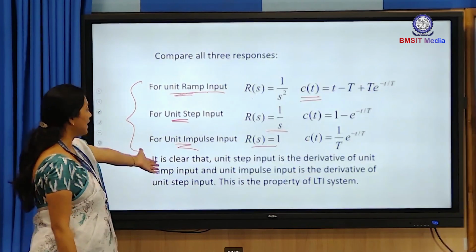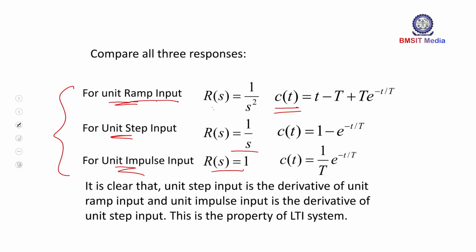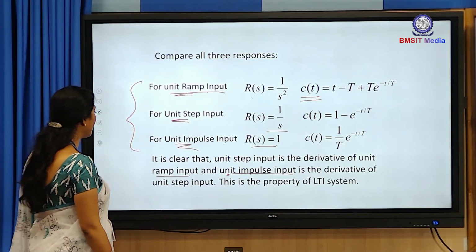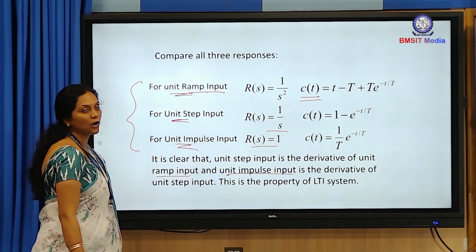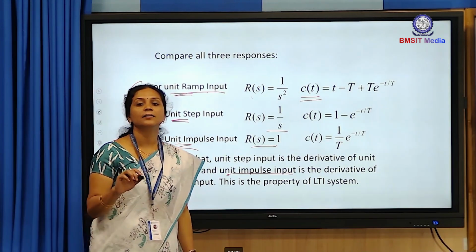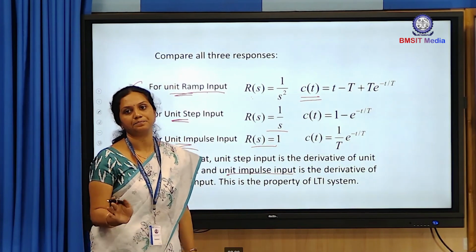It is clear that the unit step input is the derivative of the unit ramp input, and the unit impulse input is the derivative of the unit step input. This is the property of a linear time invariant system.